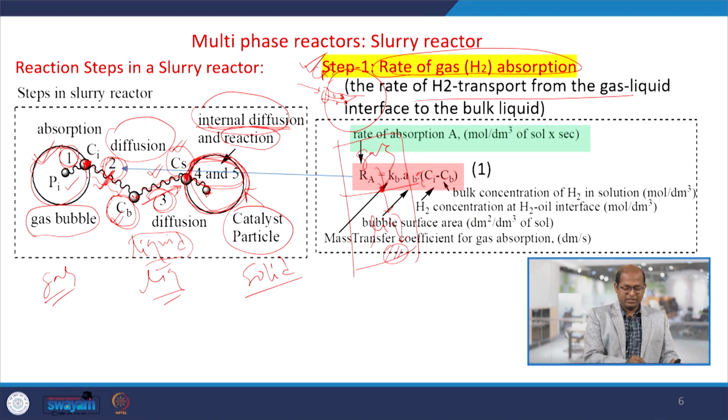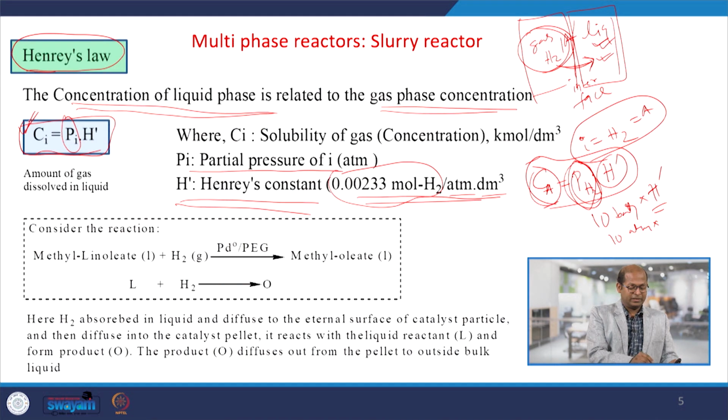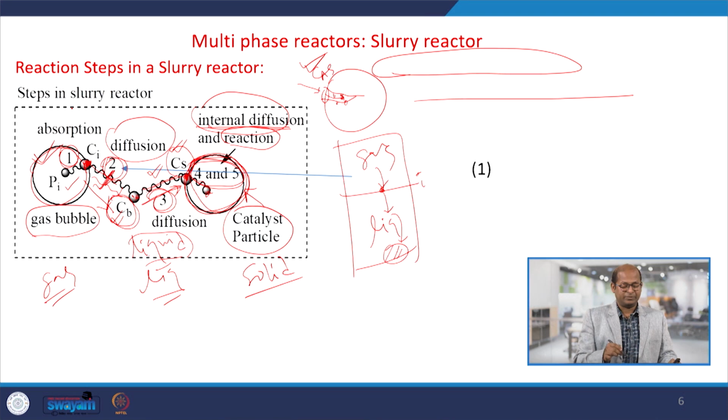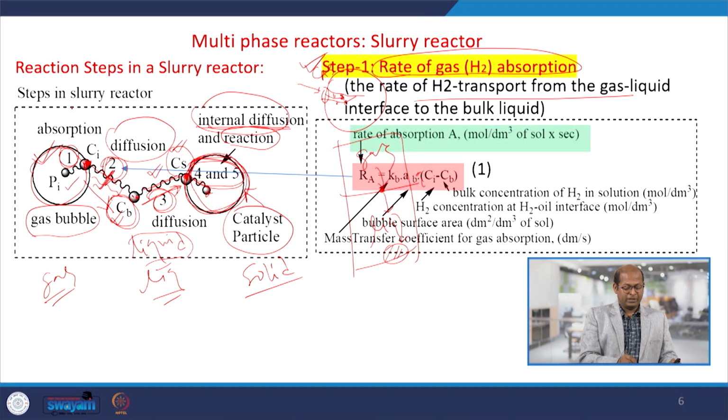For absorption, Henry's law is there, so the interface concentration we can find out, and then from the interface to the bulk the mass transfer will take place. For that, the rate of absorption RA is in moles per dm cubed of solution per unit second.